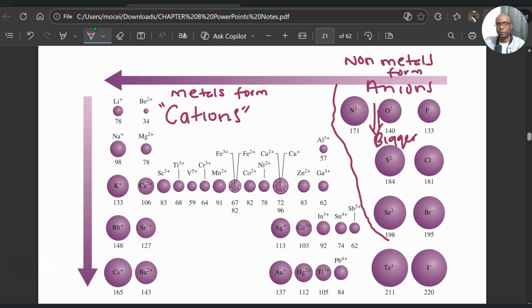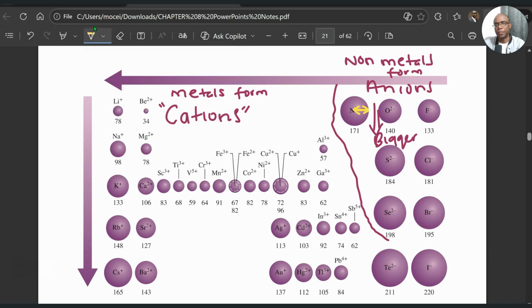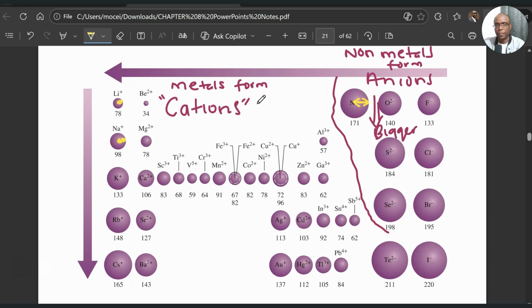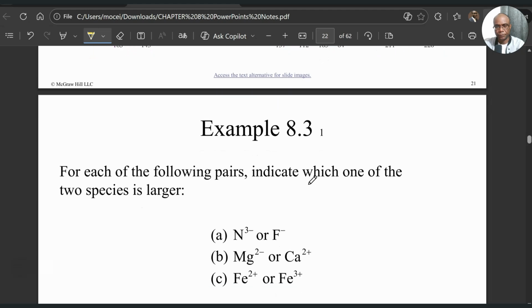The other reason is that you now have the same number of protons as in their atoms, but attracting so many more electrons. So you expect the atomic radius, which is the distance halfway across the sphere, to be bigger here compared to the distance in a metal cation. This table is just a summary, visually comparing the sizes of the cations as compared to the anions.